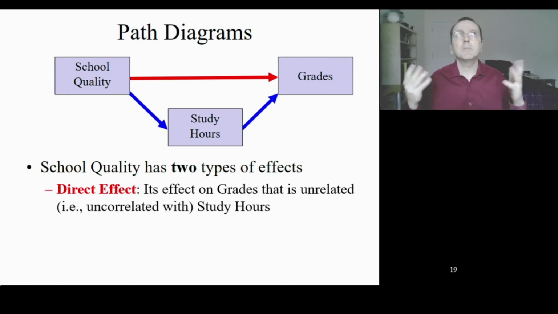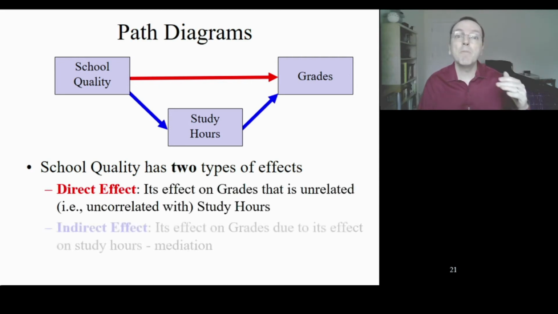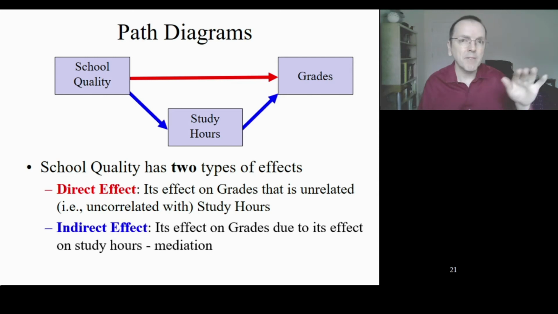It's all those other aspects of school quality that are uncorrelated or unrelated to study hours. And then there's this blue two-step indirect effect that school quality has on grades by leading to more studying, which then leads to higher grades. That indirect effect is reflected in both of those blue arrows.